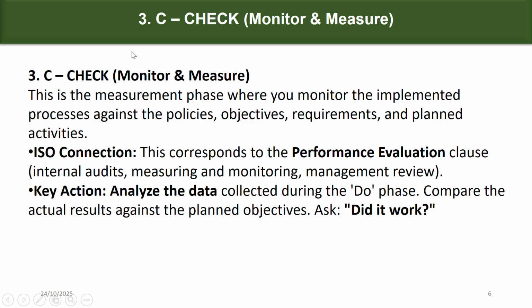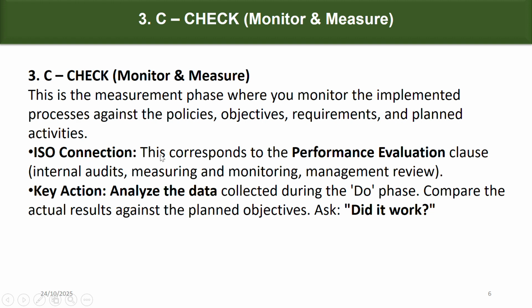Now we are going to part 3, the check part: monitor and measure. This is the measurement phase where you monitor the implemented processes against the policies, objectives, requirements and planned activities. What is the ISO connection with this part?